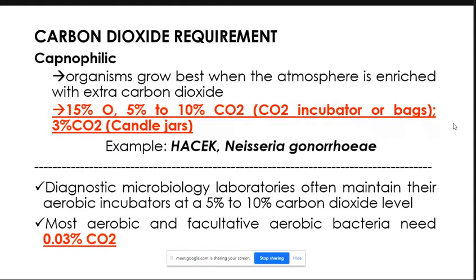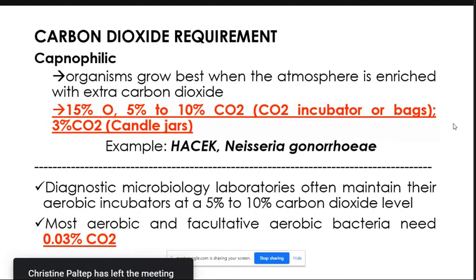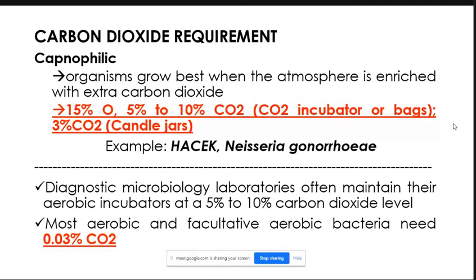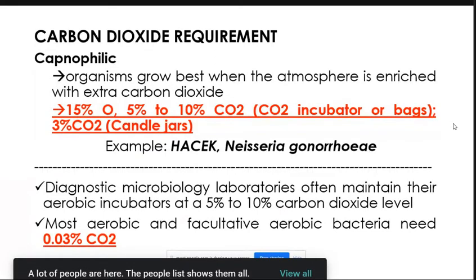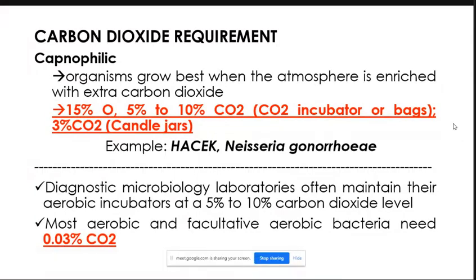fastidious organisms. Okay? So that you see here that diagnostic microbiology laboratories often maintain their aerobic incubators at 5 to 10% carbon dioxide level. So most aerobic and facultative aerobic bacteria need only 0.03% of carbon dioxide.